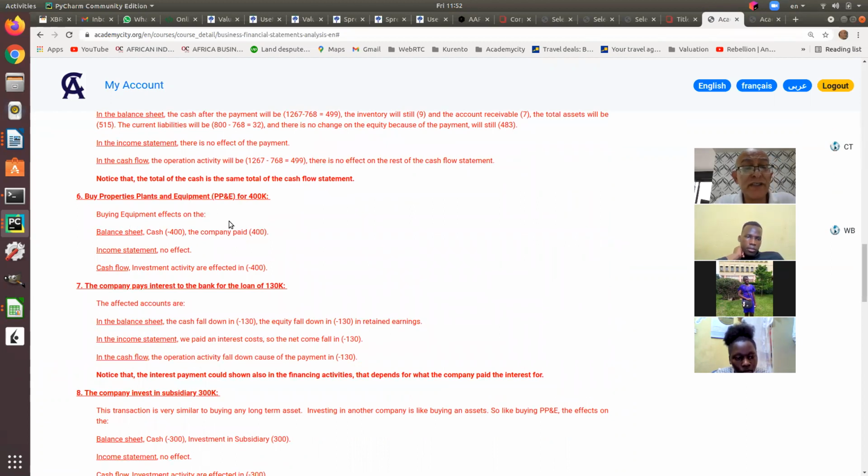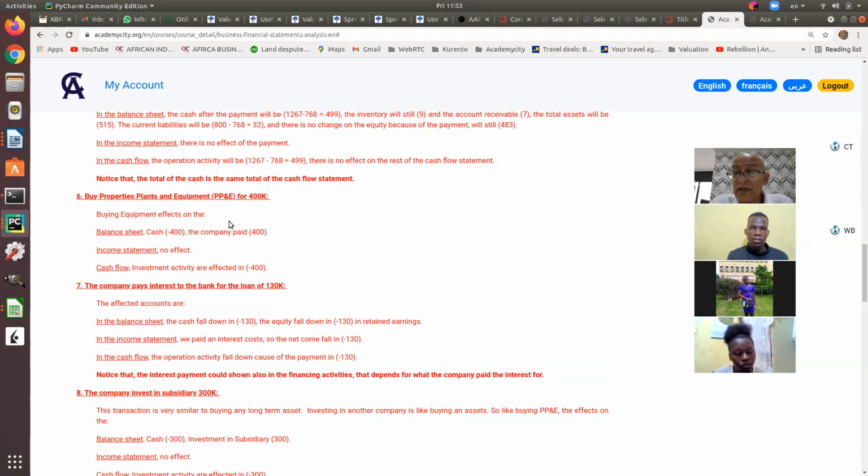Equipment means machinery. By the way, anything that is going to last for the company more than a year. That's what distinguishes property, plant, and equipment from inventory. Inventory I buy to sell to customers. If I buy a building, let's say I buy some equipment for the stores, I might put shelves in the store. I might put some equipment inside the store. All of those equipment, or if I'm a manufacturer, I might buy some machinery.